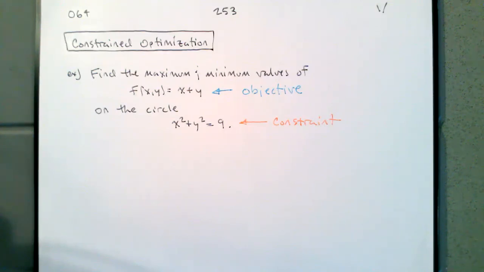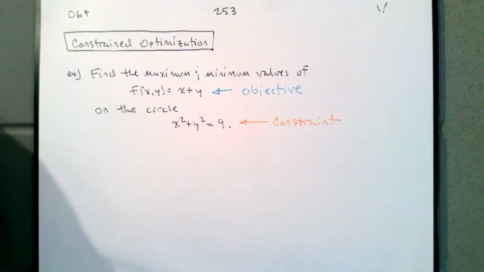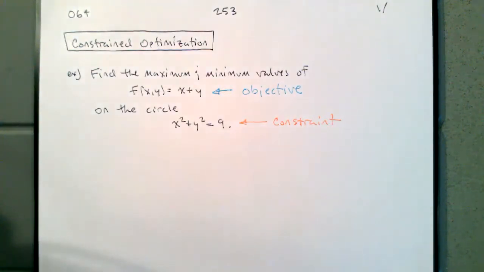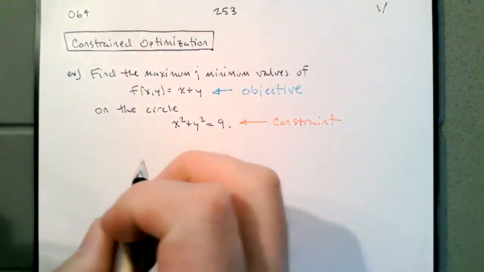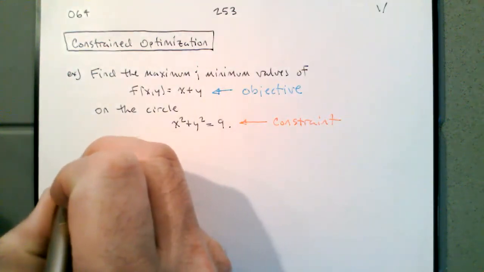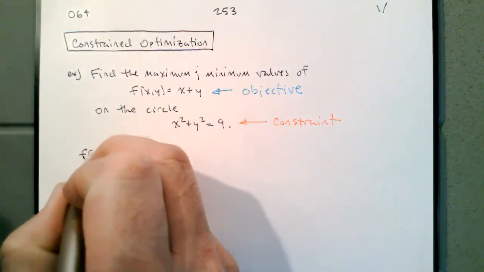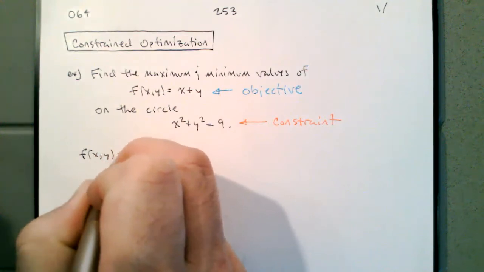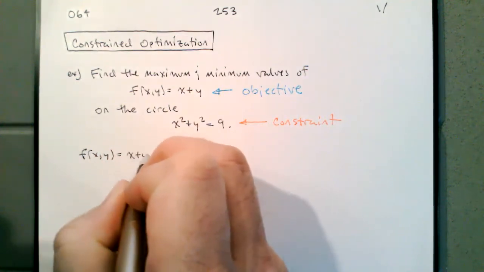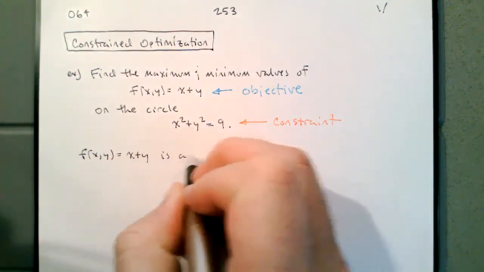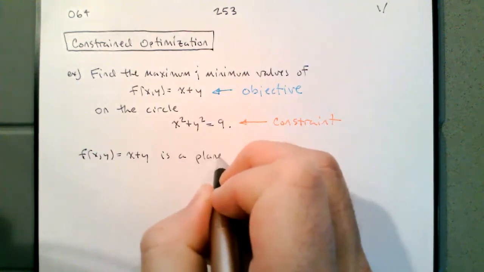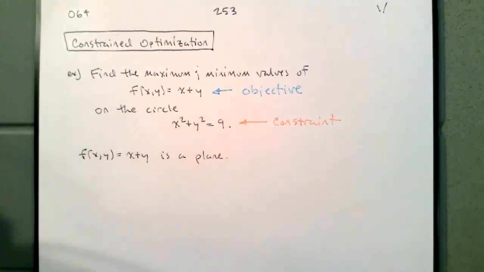So let's take a look at that graph. f of x equals x plus y is a plane. Let's take a look at the contour diagram of that plane.